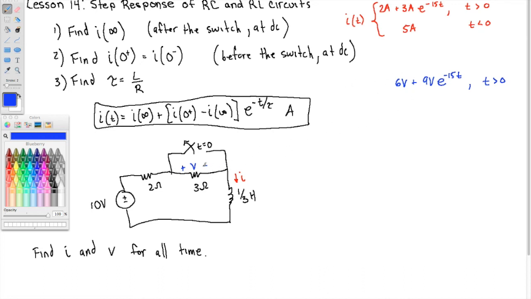For less than 0, before the switch, that resistor was shorted out, so the voltage across it is 0. And that's it.